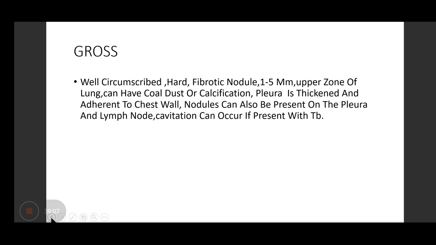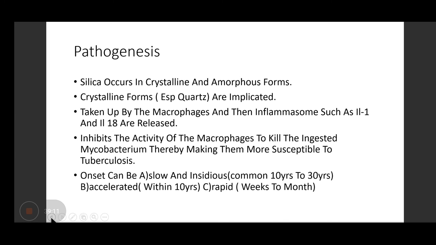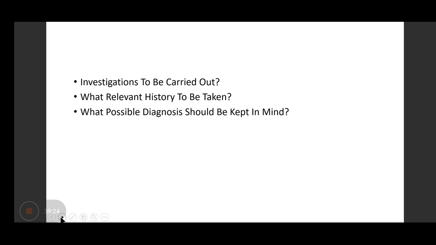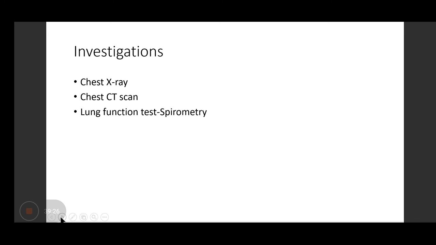So this was for expectoration of jet black sputum and X-ray nodularity in the upper lobe. The differentials were coal workers' pneumoconiosis, TB, silicosis, lung cancer, metastatic disease, idiopathic pulmonary fibrosis.